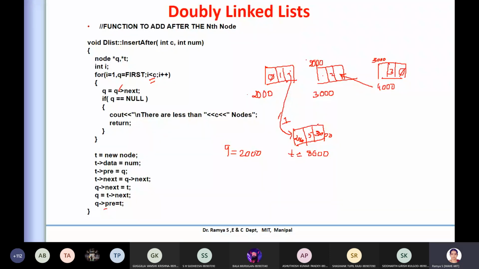You have 2 more extra pointers, because at this position you have 1 extra space, and 1 more extra space here, for the doubly linked list. So that has to be updated. That's a change compared to your singly linked list. I hope it is clear. Any program, you just take an example and do it, then only you can follow that.